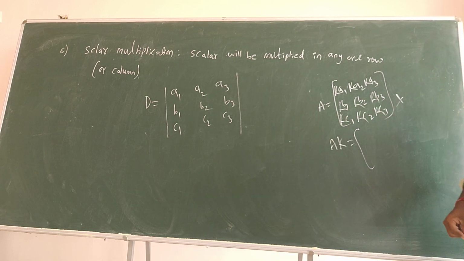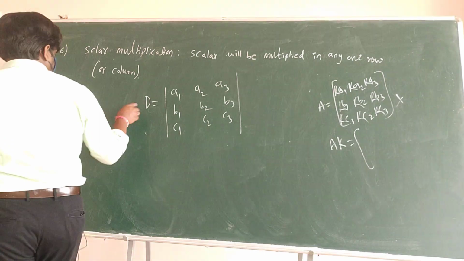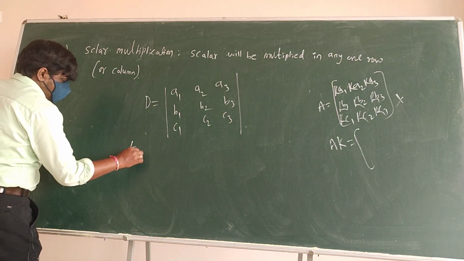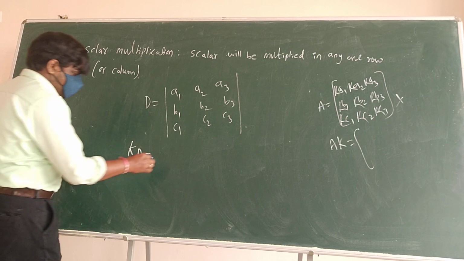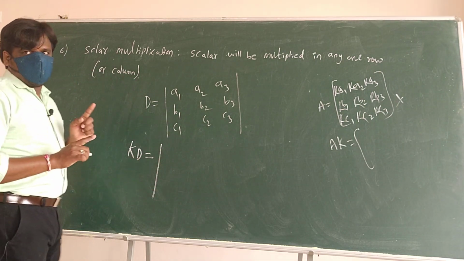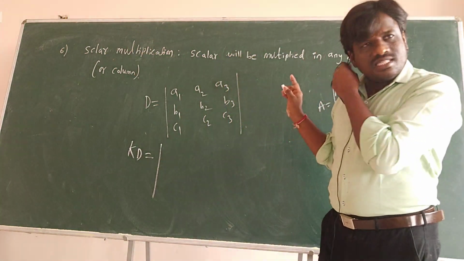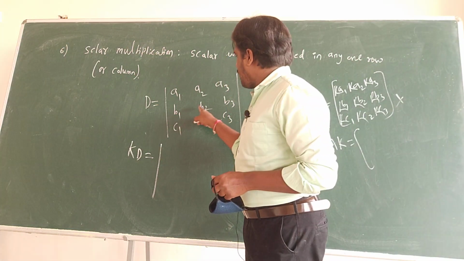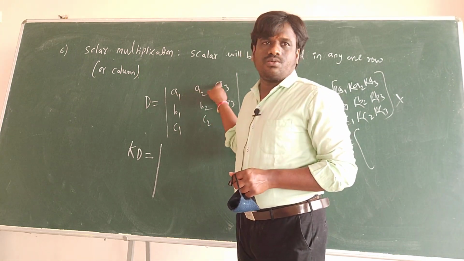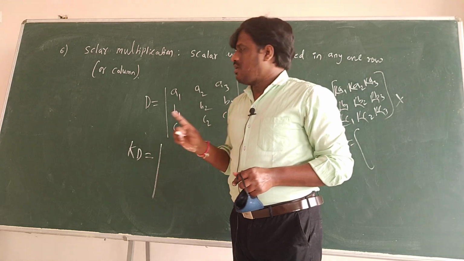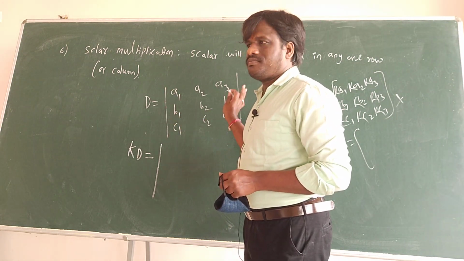This is a matrix, but determinants do not work like that. If this is D, I multiply with K. So this K will be multiplied in any one row or any one column. Means this K I can multiply to this row or this row or this row, any one row, not for all rows, or any one column.